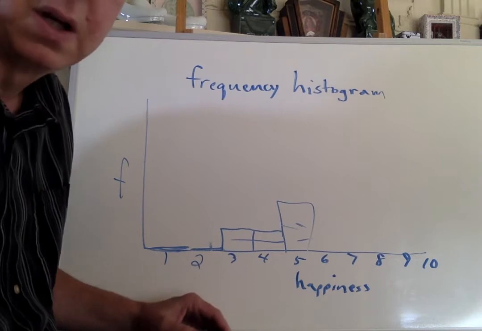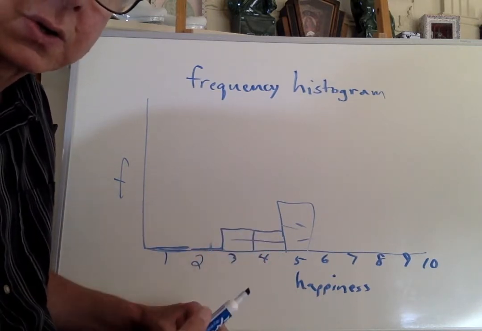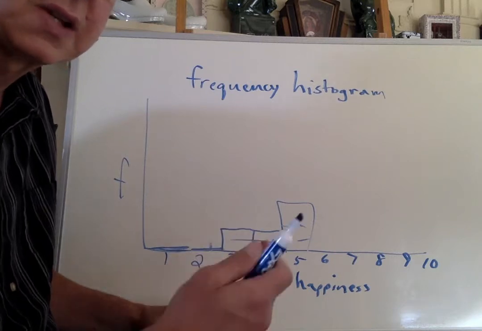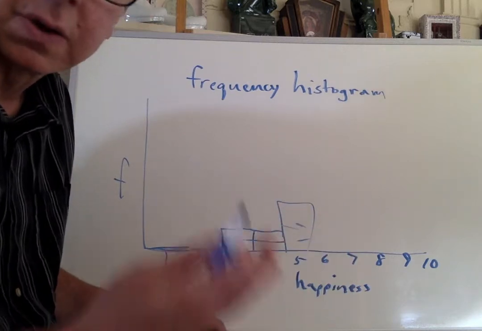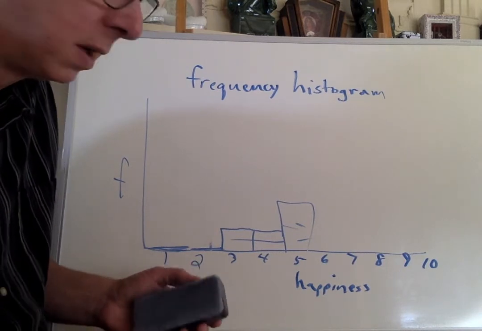Now, this seems like I'm contradicting myself from what I just talked about with our test scores, okay? The test scores, I certainly wouldn't start at 0. It's too much stuff, and I don't really care about that.